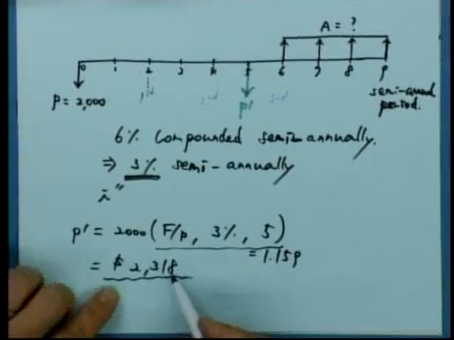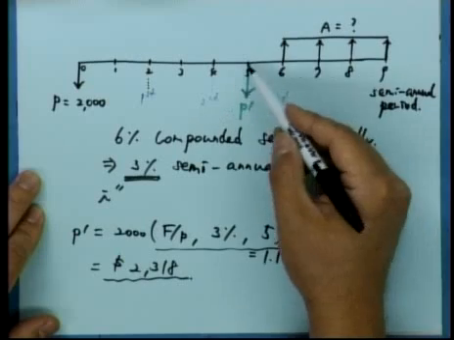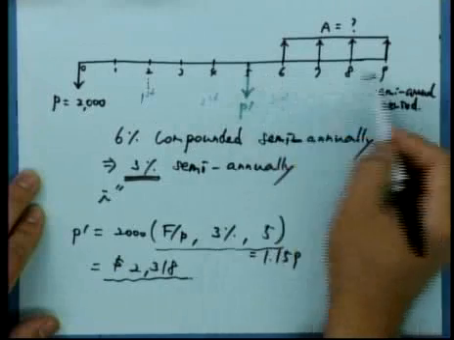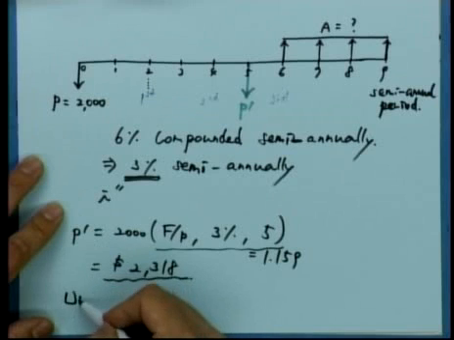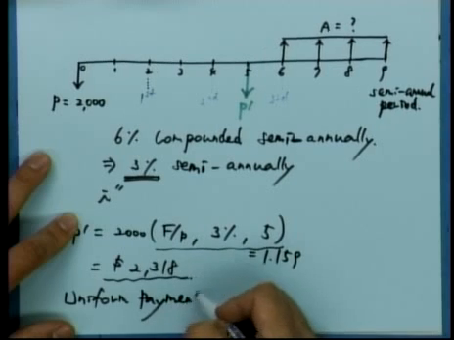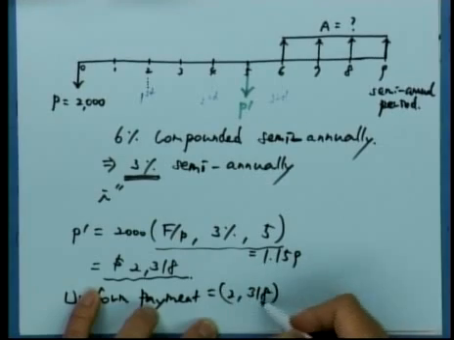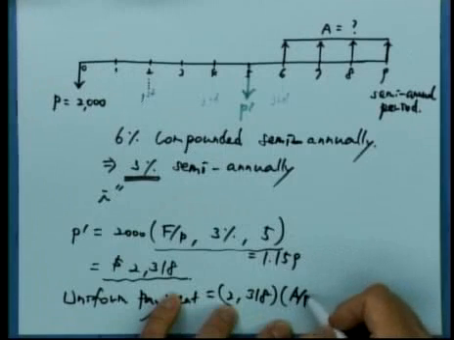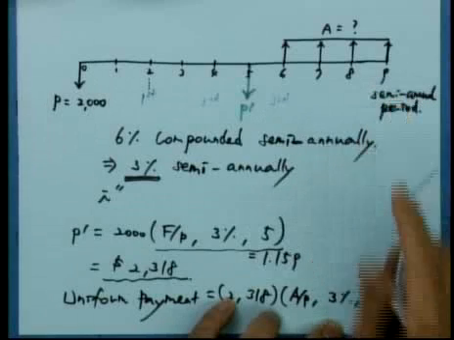So we need to convert this P prime to equivalent uniform series over, no, over 4 periods, right? From 5 to 9. So the uniform payment would be $2,318 times A given P, right? 3% interest rate over 4 periods.